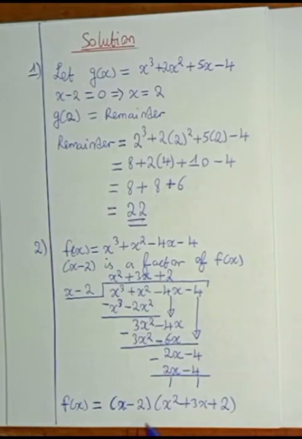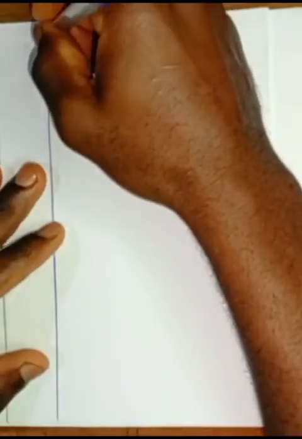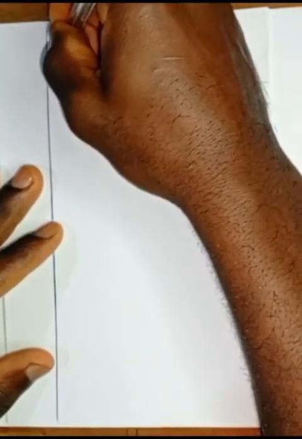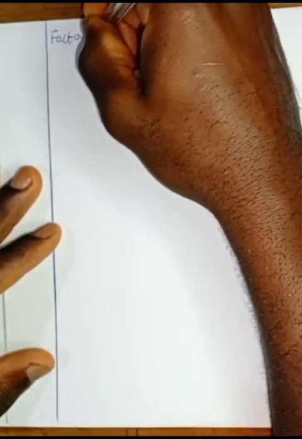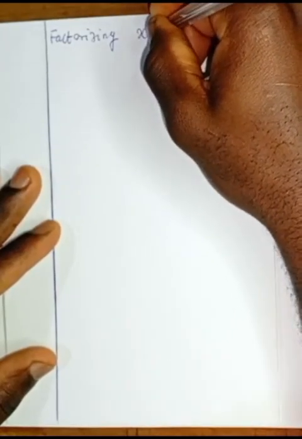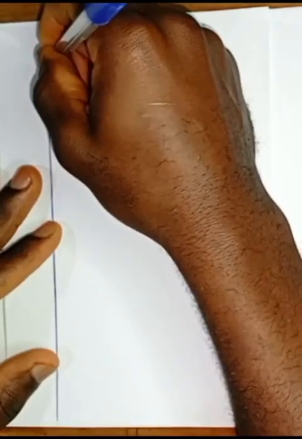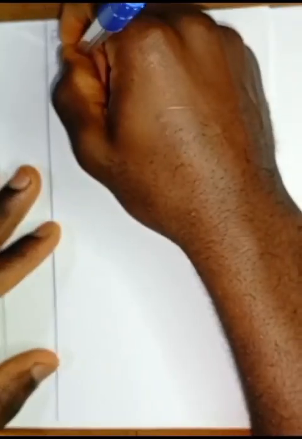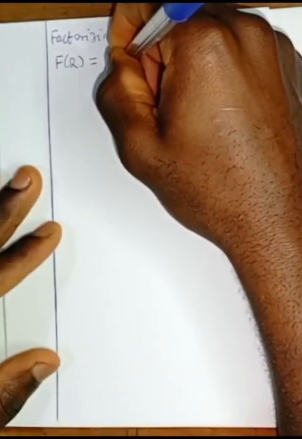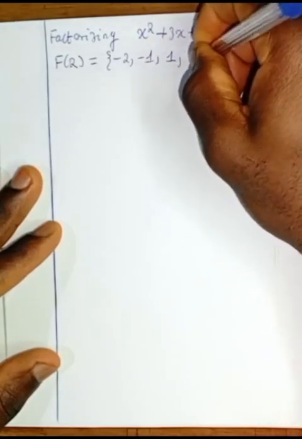The next step, we have to factorize x squared plus 3x plus 2. So factorizing x squared plus 3x plus 2. First, if you write out the factors of 2, we have -2, -1, 1, 2.